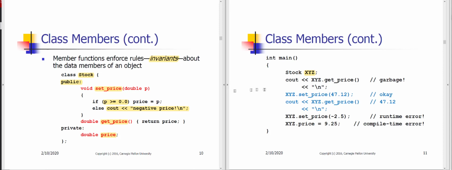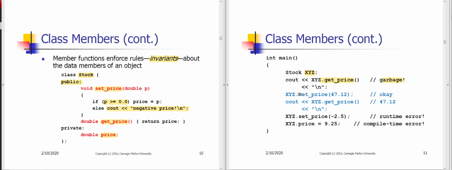So if I say XYZ.getPrice, well, I don't yet in this stock class have something called a constructor. Therefore, when I declare that XYZ is an object of type stock, that does allocate within that stock object space for a price, but it's uninitialized. So when I get the price the first time, I'm just going to get whatever garbage is sitting on the stack at the point where that stock object was created.